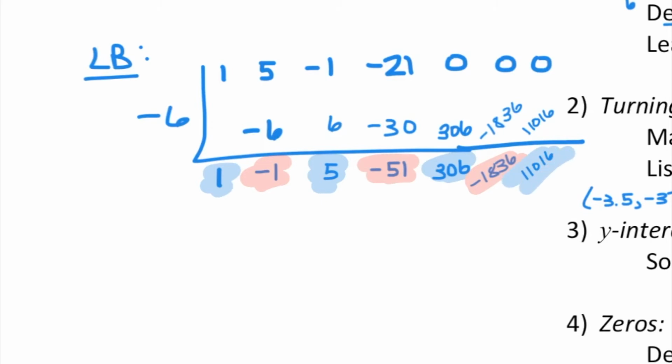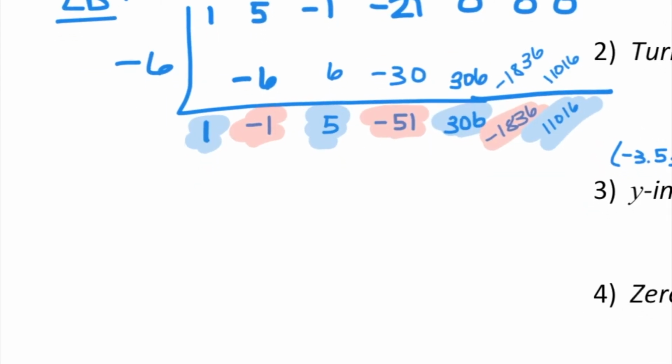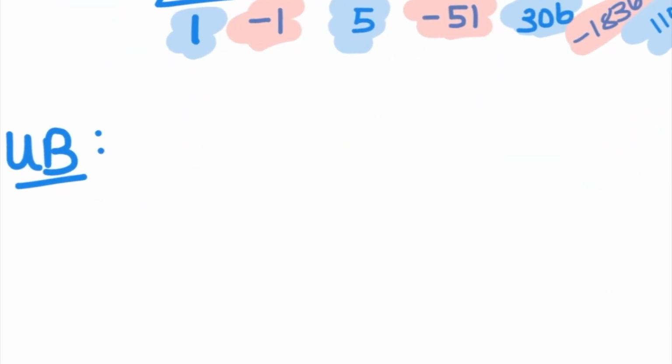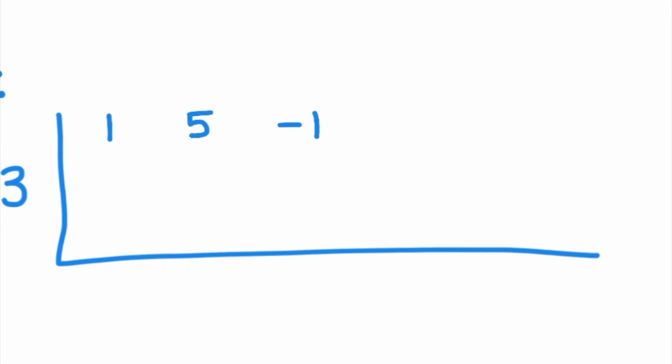I'm going to do my upper bound test. The numbers are also pretty big. So for the upper bound, this time I'm dividing by positive 3. Going to try to squeeze this in a little bit better here. 1, 5, negative 1, negative 21, 0, 0, 0.